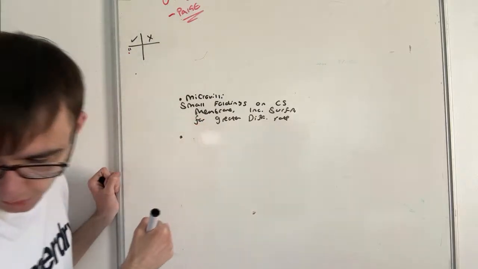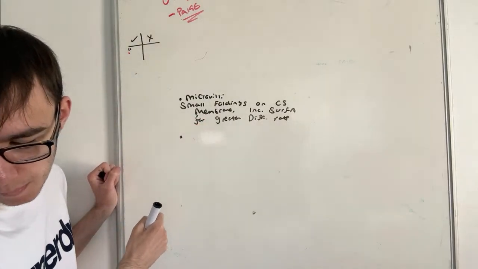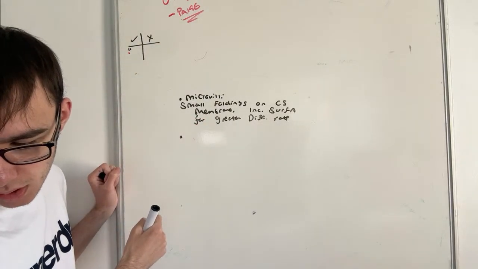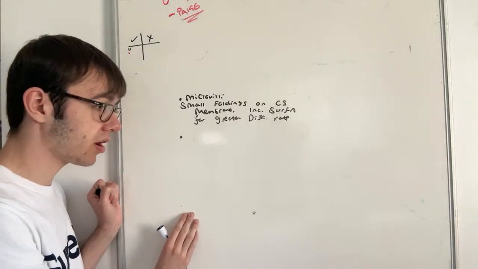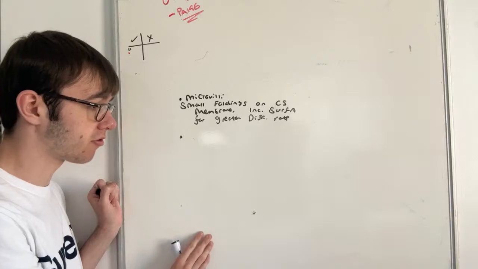Your second mark point is going to be, there's a lot you could say. You could say contains many channel proteins for greater diffusion rate.